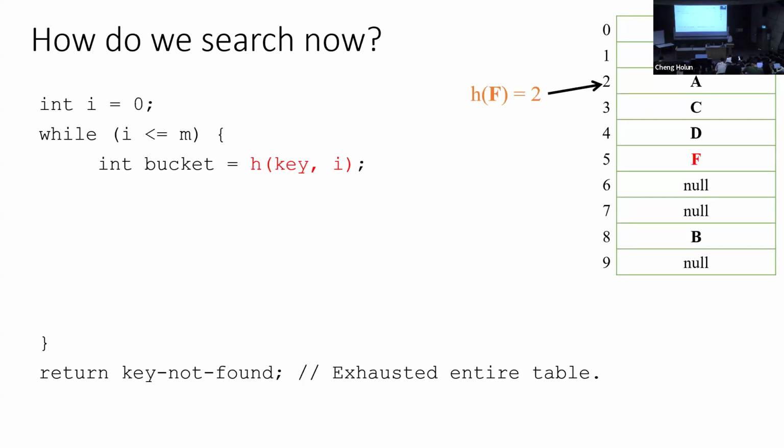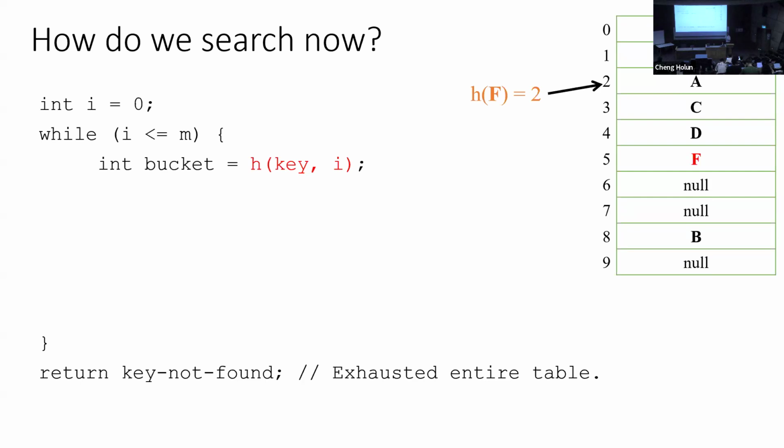But how do we get it back? Now I hash F into the table, and F is actually placed after some collisions. I don't know if F is in my table now, and I want to search for it. That's the purpose of searching.